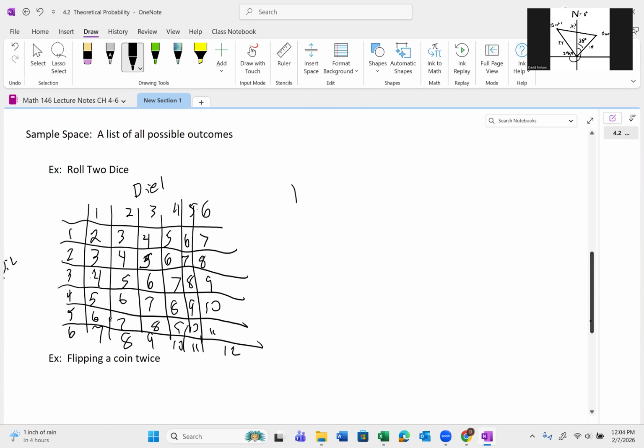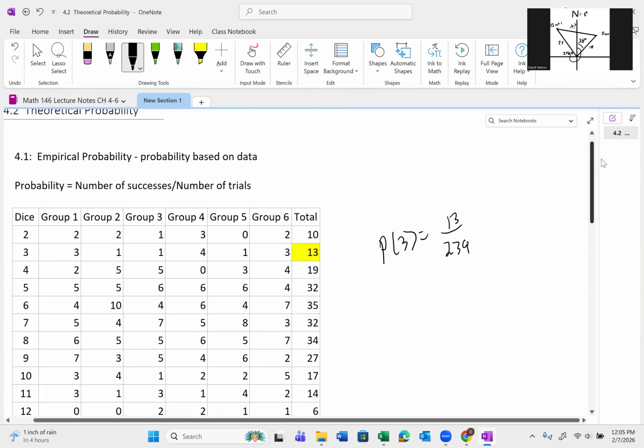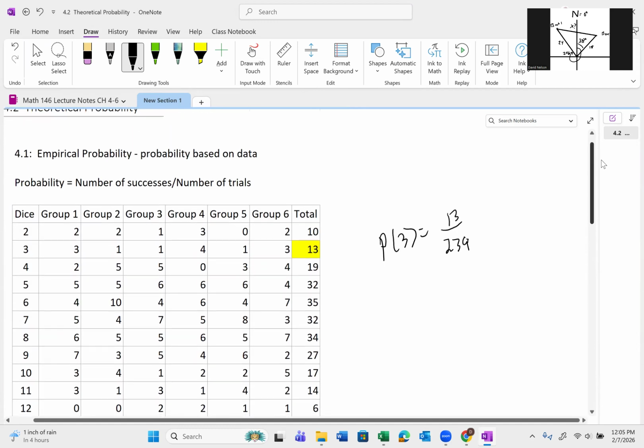And so if you look at the probability of getting a 3, that 3 is happening in our table twice. And then if you count the total number of things, it's a 6 by 6 grid. There are 36 possibilities that are coming out there. So the theoretical probability of us rolling a 3 is 2 out of 36, whereas based on our trials, we had it happen 13 out of 239 times.